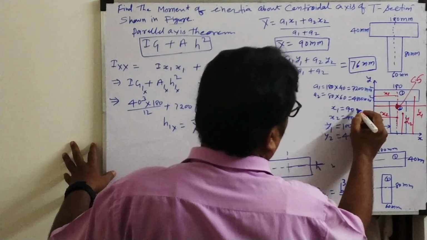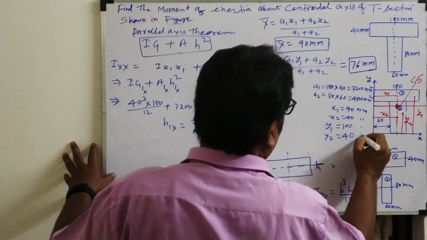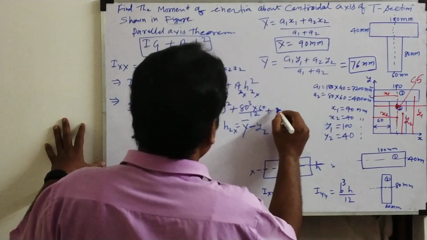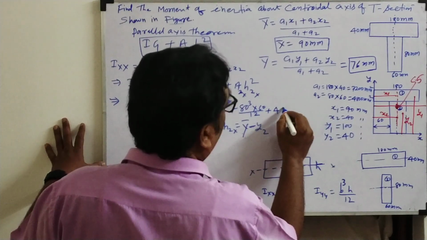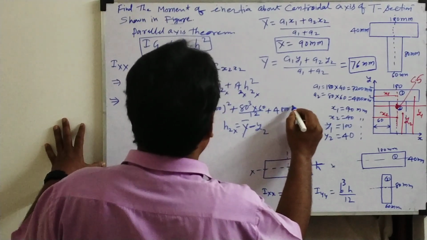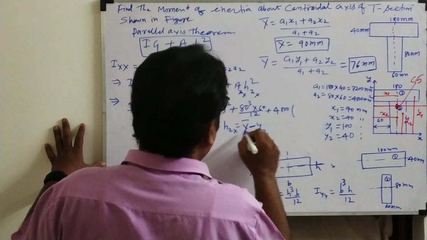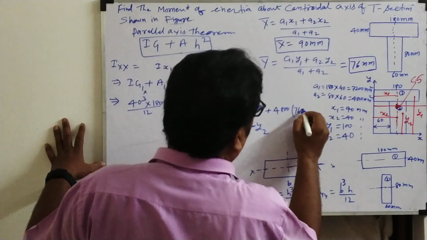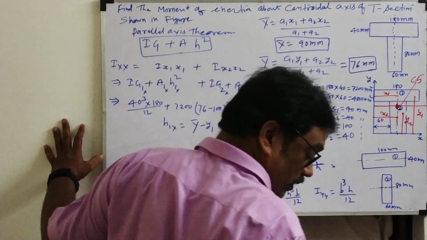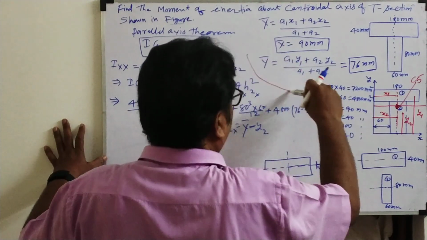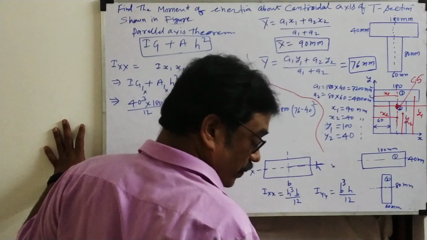All are in mm. So now here, area A2 is 4800 into y bar minus y2: 76 minus 40, whole squared. If you calculate this, we'll get the moment of inertia.